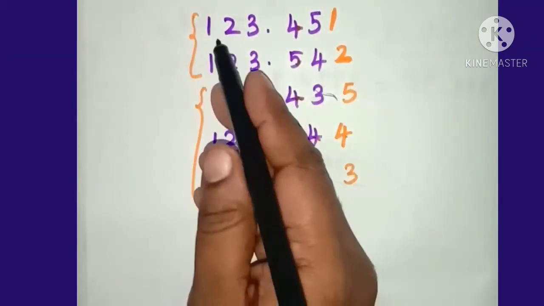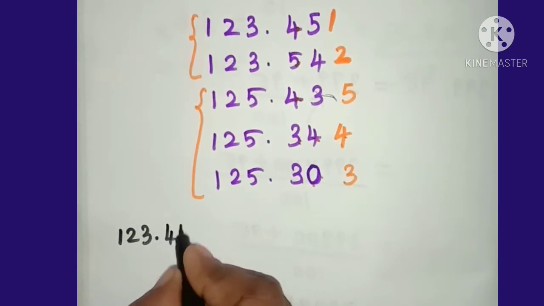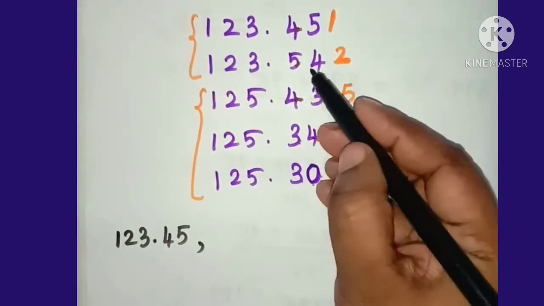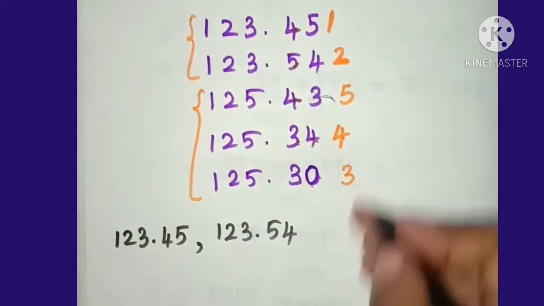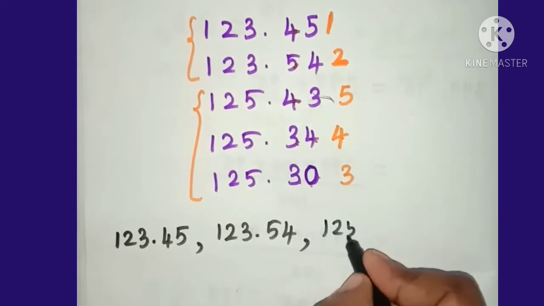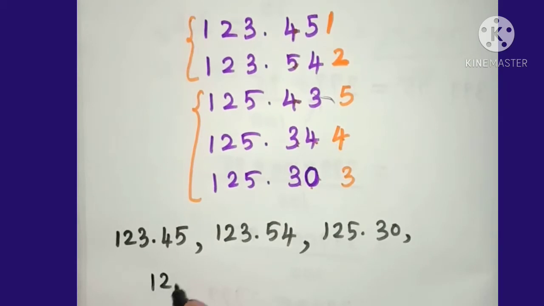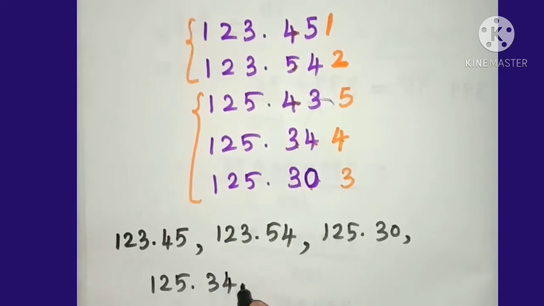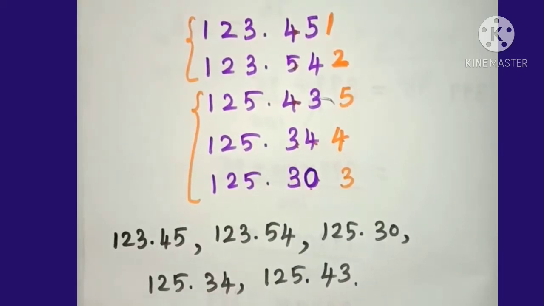The first number is 123.45, and then 123.54, and the third number is 125.30, and the fourth number is 125.34 and 125.43. So this is the arrangement in ascending order, from smallest to biggest.